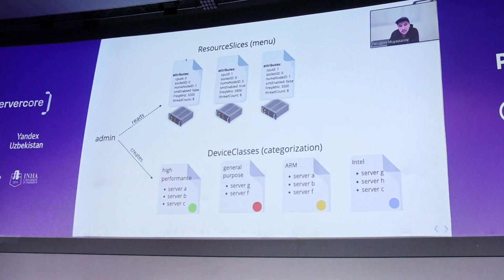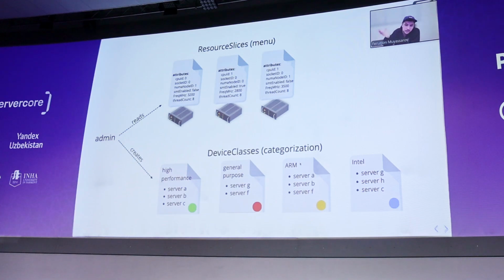For example, an admin can create a device class called high performance and put the nodes that are really meant to run high performance workloads. Say we have n servers in our cluster, and servers A, B, and C are really strong in CPU, so we assume they are really good for high performance applications. Then you could create a general purpose device class that is okay to use for logging, monitoring and stuff like that.